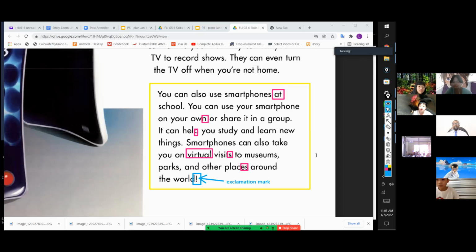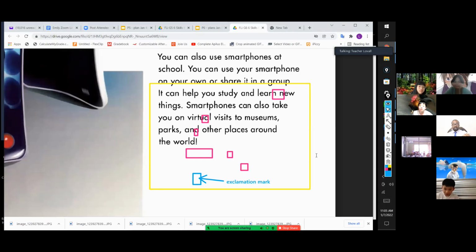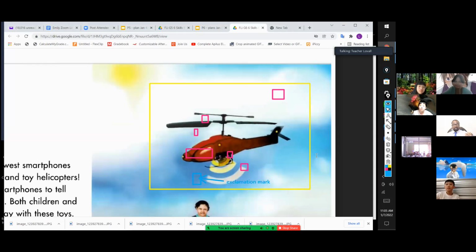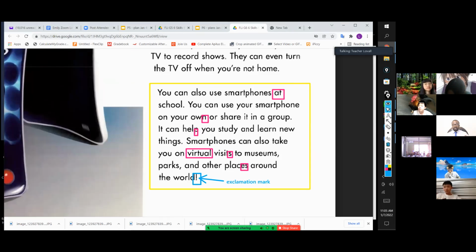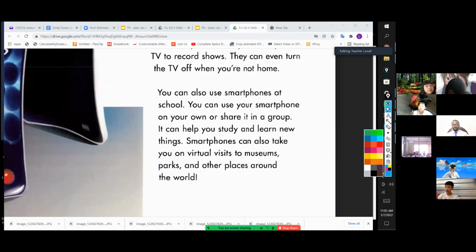So you read that with strong emotion, a little bit louder, okay? Now, before we go down, I want to ask you guys a quick question, okay? Let's put it in green. And I want you guys to think.